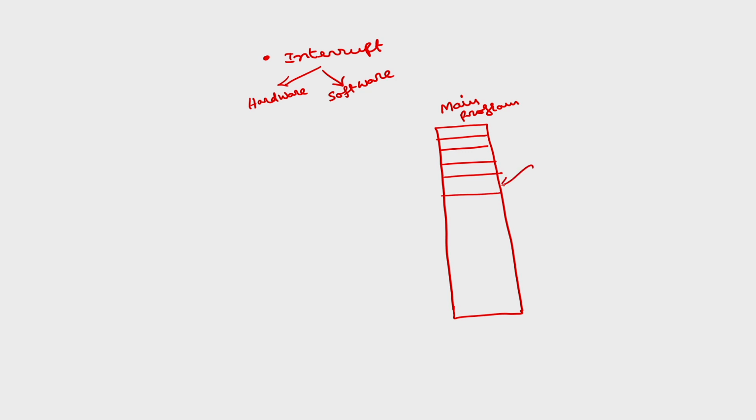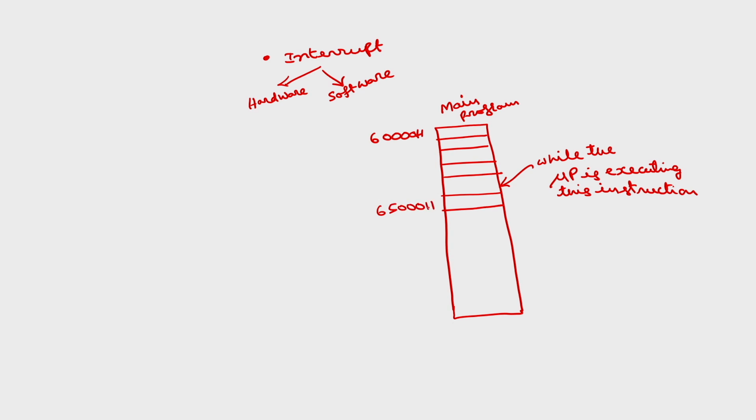While the microprocessor is executing this instruction, let us assume that the starting of this one is some 60000H and the address of this one is 6500H.